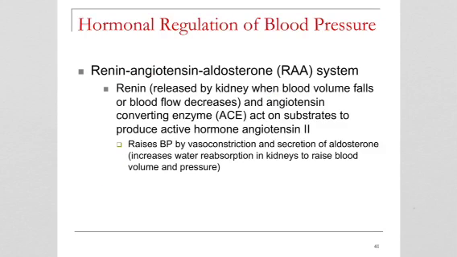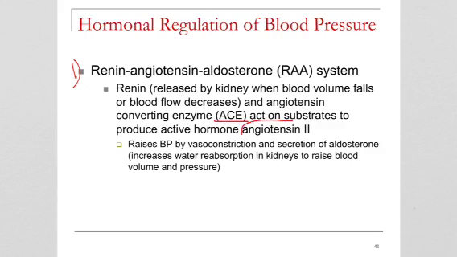First one, renin-angiotensin-aldosterone system. Renin is released by the kidneys when the blood pressure goes down or blood volume falls. And angiotensin converting enzyme, which is ACE, will work on angiotensin 1 to convert it into angiotensin 2.